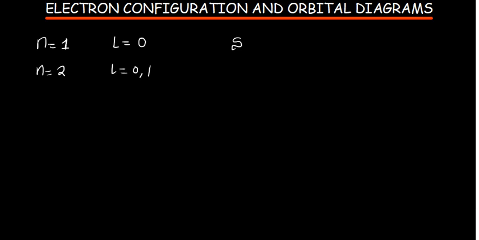When L is 0, that is an s orbital. When L is 1, that is a p orbital. When n is equal to 3, L is going to be 0, 1, and 2. So whenever L is 0, we are going to have S. When L is 1, we are going to have P. When L is 2, we are going to have D.